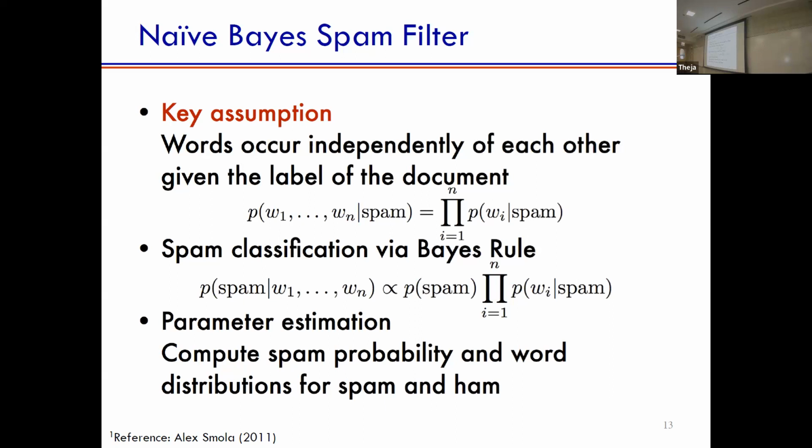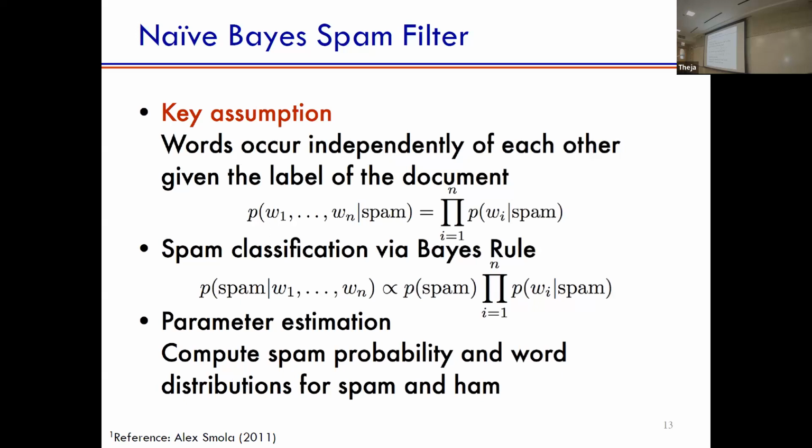By Bayes rule, you can write this as proportional to the marginal probability of the label random variable times this product form. It's just by definition, it's called Bayes rule.